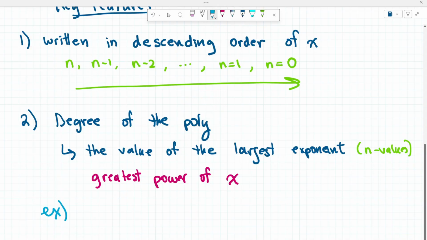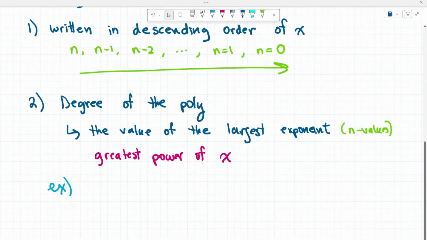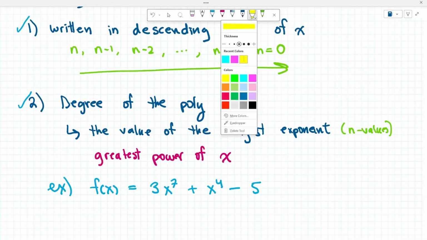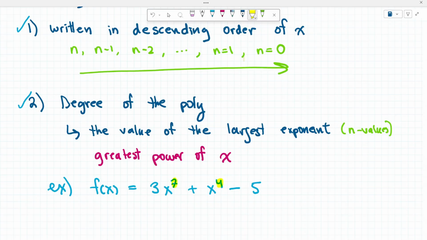Here we're going to show an example that makes sure that we abide by both the first and the second key feature. So let's write a polynomial f of x equals 3x to the 7 plus x to the 4 minus 5. In this case, we're following the first key feature, where we're writing in descending order of the degree of x.